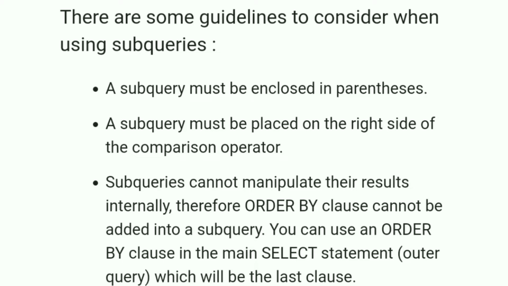You will have to follow some guidelines before writing subqueries. A subquery must be enclosed in parentheses. A subquery must be placed on the right side of the comparison operator. You cannot use an order by clause in a subquery, but you can use an order by clause in the outer query.